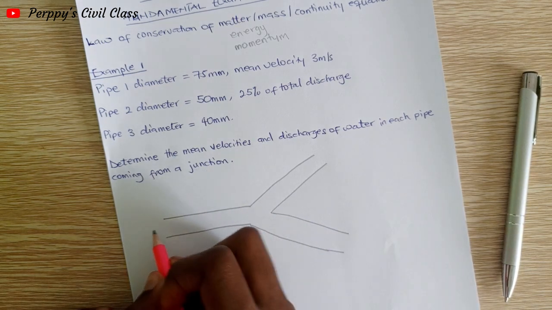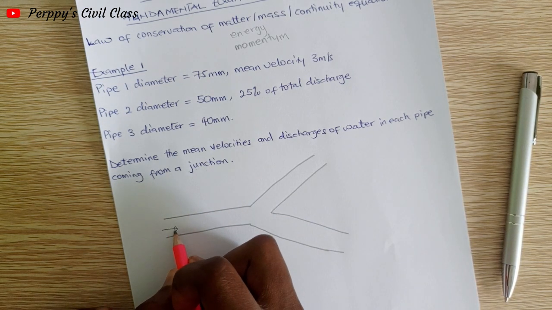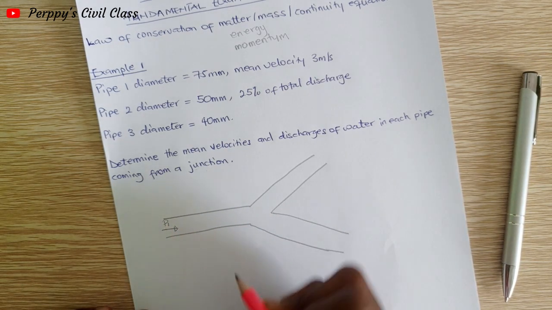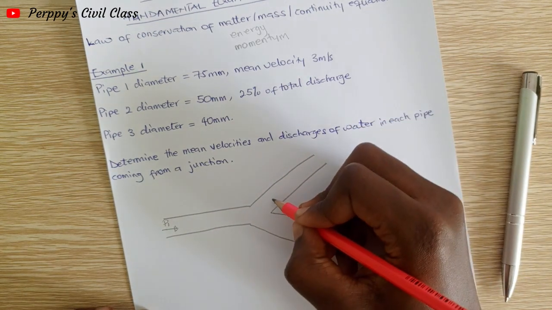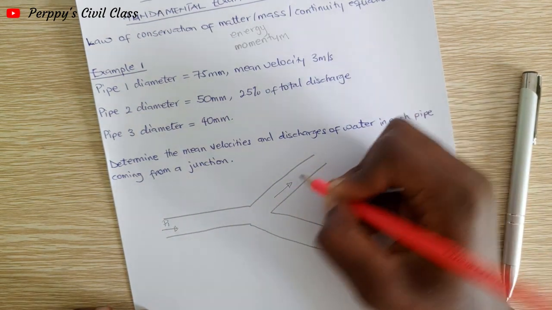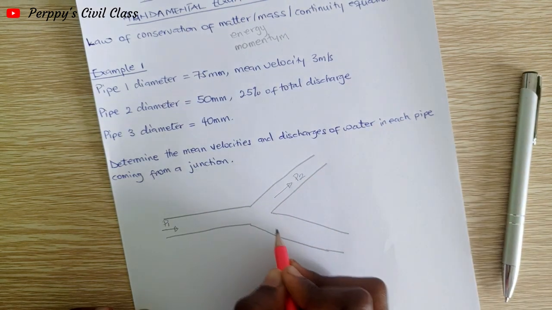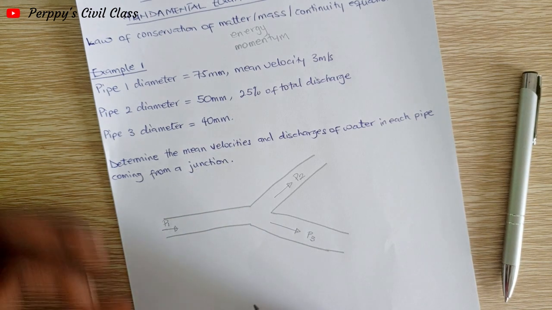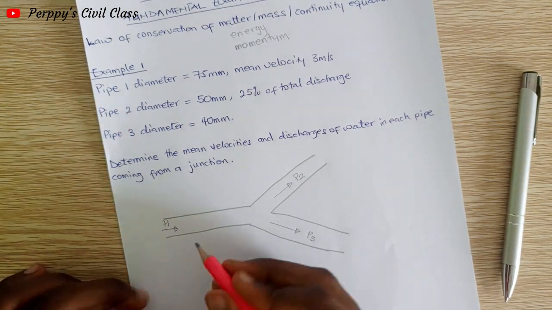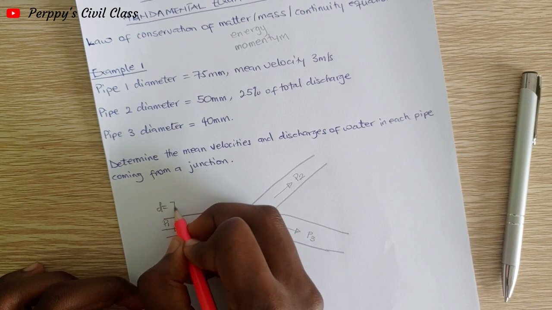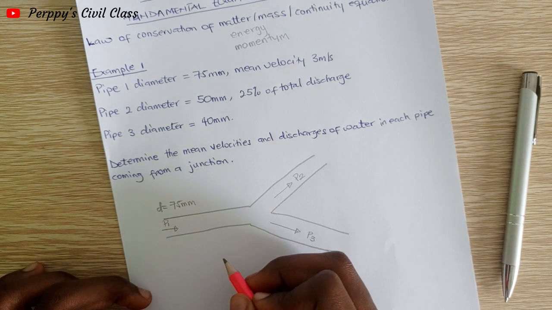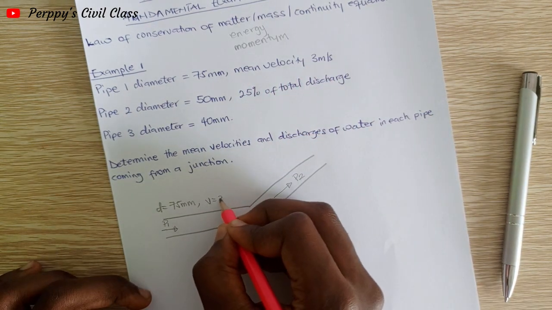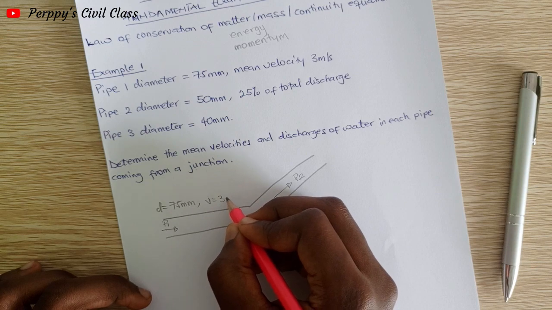The discharge entering is pipe 1, then the ones leaving are pipe 2 and pipe 3. From the data given, pipe 1 has a diameter of 75 mm and a mean velocity of 3 meters per second.